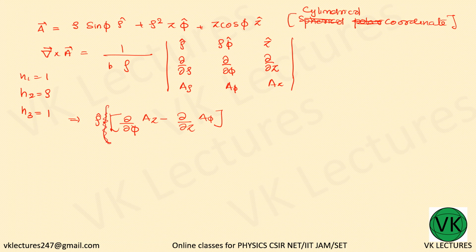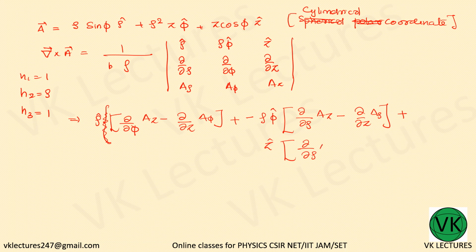Plus minus rho phi cap into dou by dou rho of A z minus dou by dou z of A rho, plus z cap into dou by dou rho of A phi minus dou by dou phi of A rho.